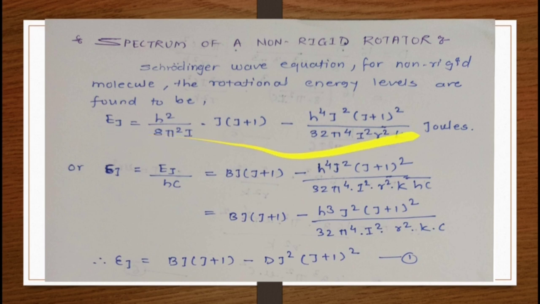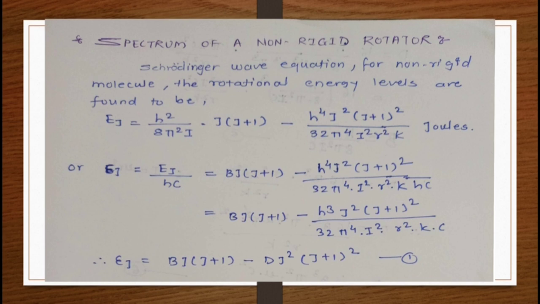This is the value of capital E_J, and we want the small E_J, that is the rotational energy in terms of the unit per centimeter, and that can be done by just dividing the E_J value by hc.